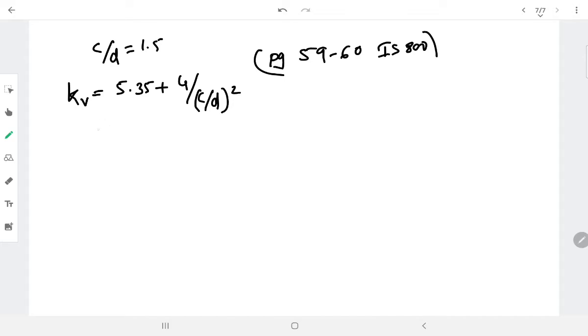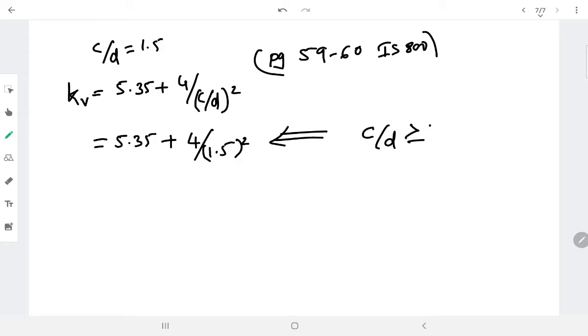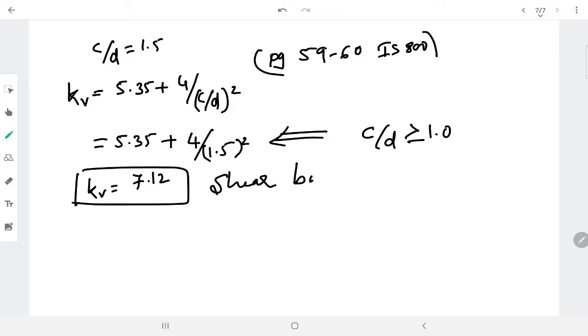Here it is 5.35 plus 4 by (1.5) whole square. This formula holds good whenever c by d is more than or equal to 1. Calculating this kv value, it equals 7.12. This kv is nothing but the shear buckling coefficient.